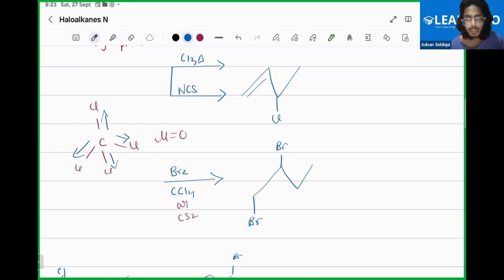I told you about the exception that CH3F has a lower dipole moment than CH3Cl because of the exceptionally long bond. There, the overall dipole moment is calculated by seeing all the vectors. Ringing any bells?